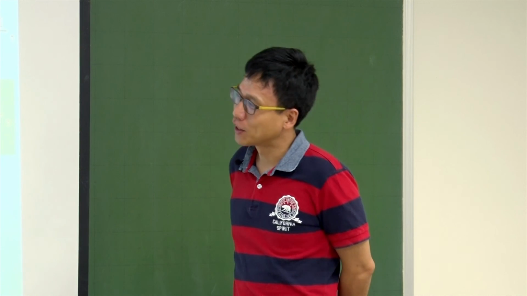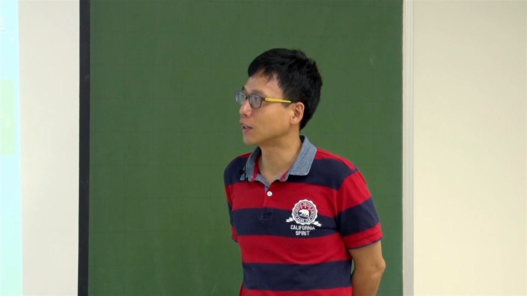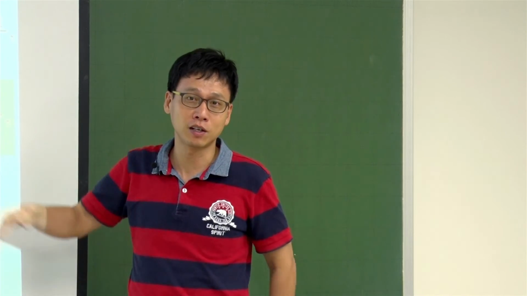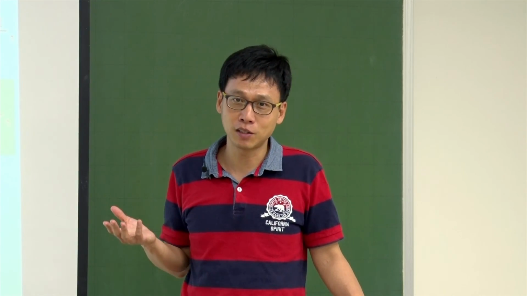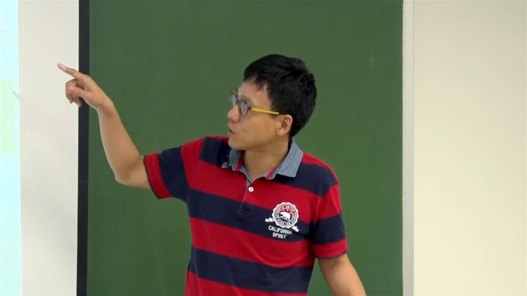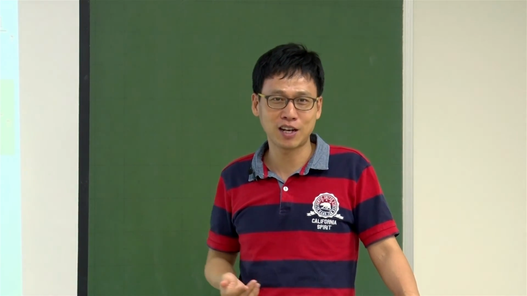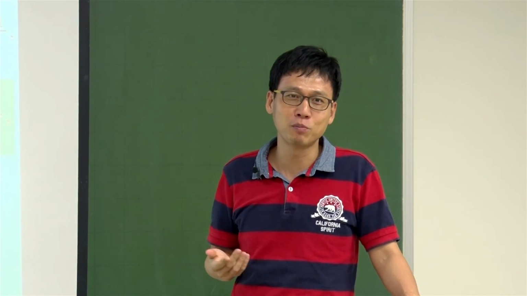Good. Yes, I thought about this issue. I must admit the model is not very rigorous. Its only task is to give us a single differential equation that can have an analytic solution. If we don't make these approximations, I can't get such an equation, and I'd have to stay with coupled differential equations, so I can't get a simple model telling you the general behavior. There are many approximations here, so this is not a very rigorous model. But if you don't use it, you have no analytic solution. It's very difficult to get insight about what happens in the light matter interaction. If you are interested in a rigorous solution, it's okay; you can resort to the numerical solution.